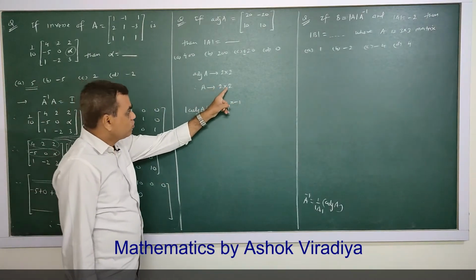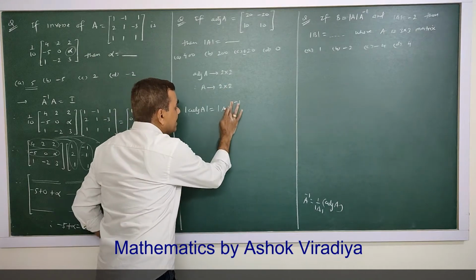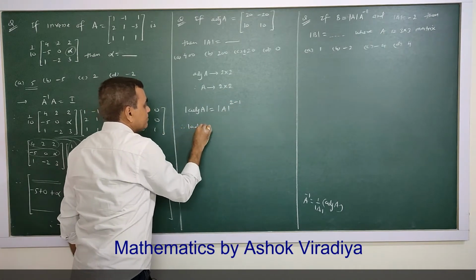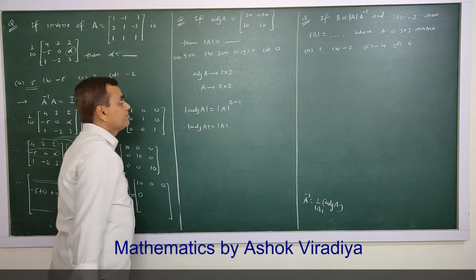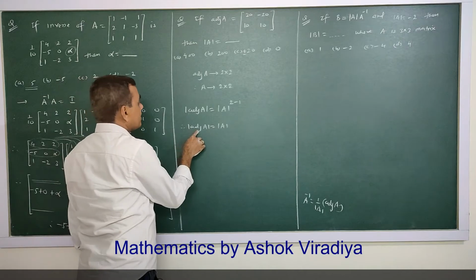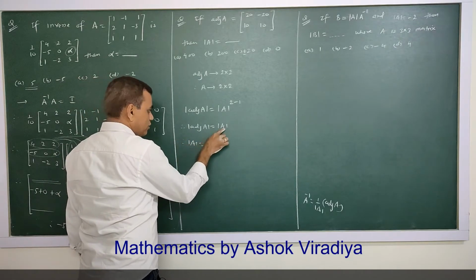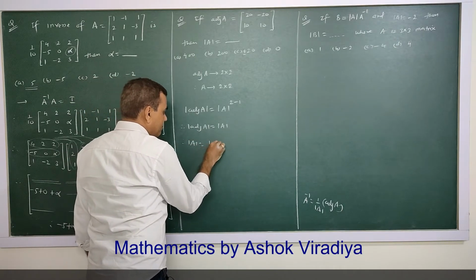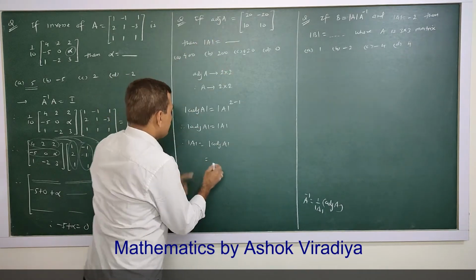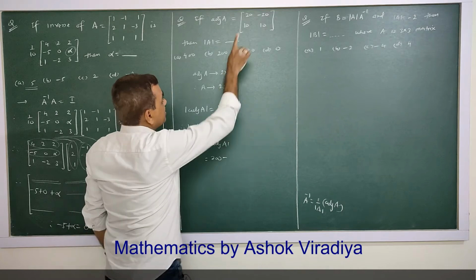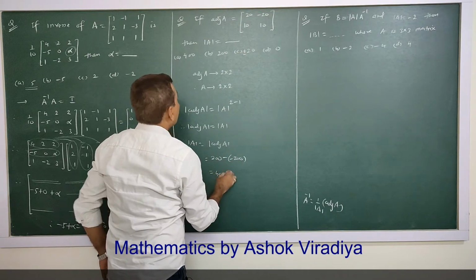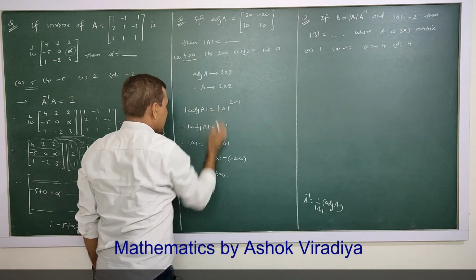Here n is 2. So putting n equal to 2, determinant of A is equal to determinant of adjoint of A, and what is its determinant value? It will be 200 minus 200, so this will be 400. So A is the correct answer.